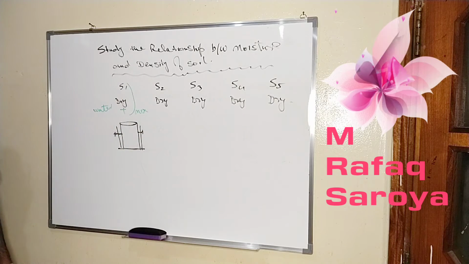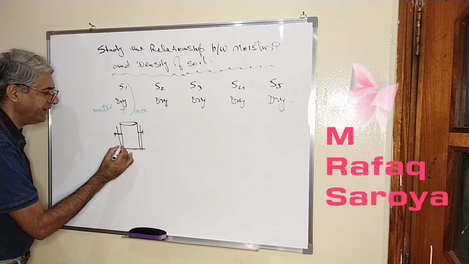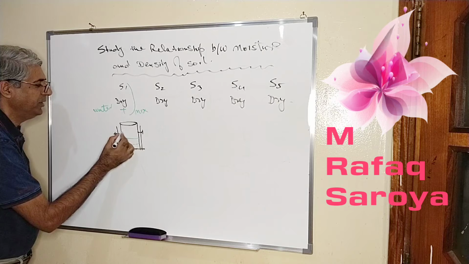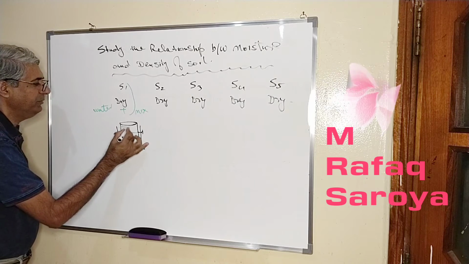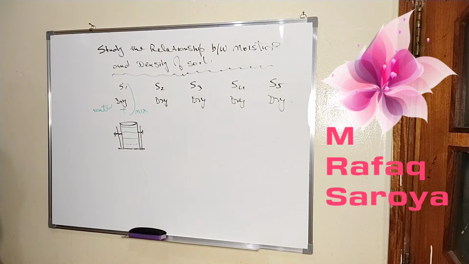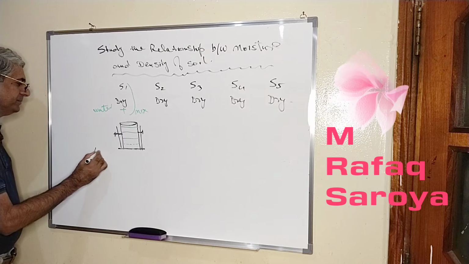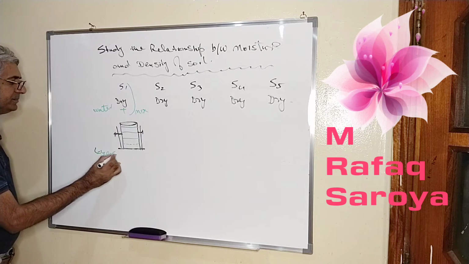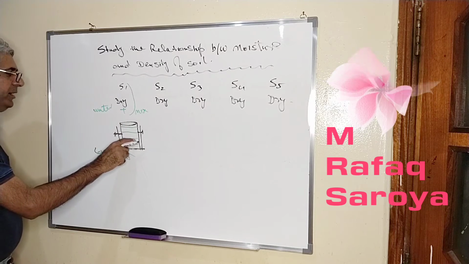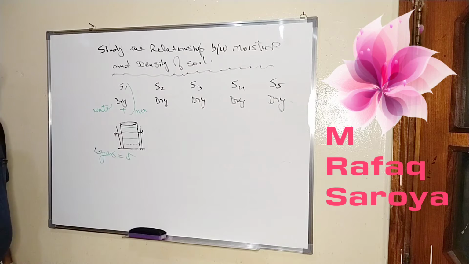What we will do is place one layer, then a second layer, a third layer, a fourth layer and up to the top. 5 layers. How many layers? 5, which I have shown over here. Layer number 1, 2, 3, 4 and 5.